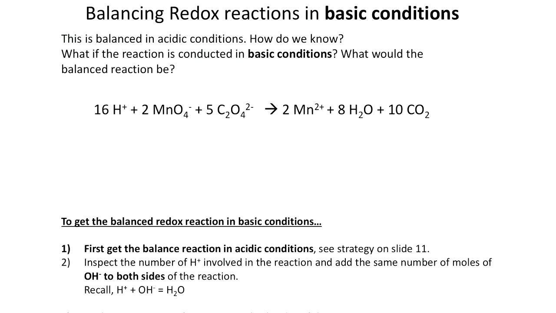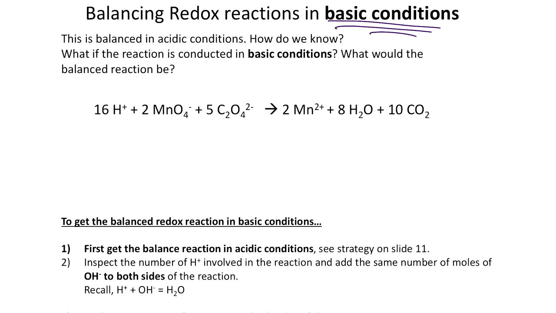To balance a redox reaction in basic conditions, and this is important because a lot of the redox reactions in batteries and stuff actually occur in basic conditions, like our alkaline batteries, the easiest way to do it is just start with the balanced reaction in acidic conditions first.